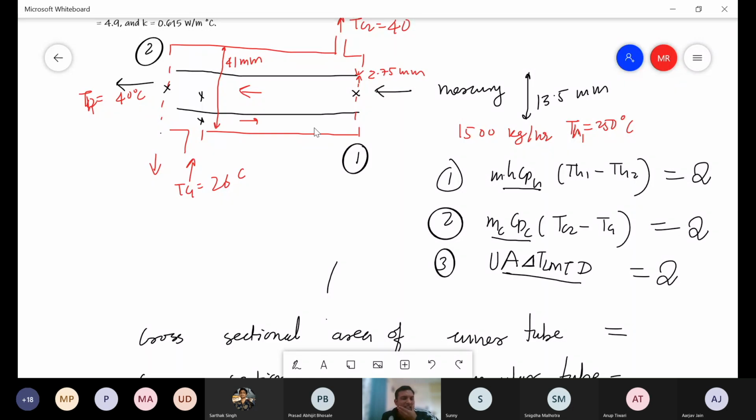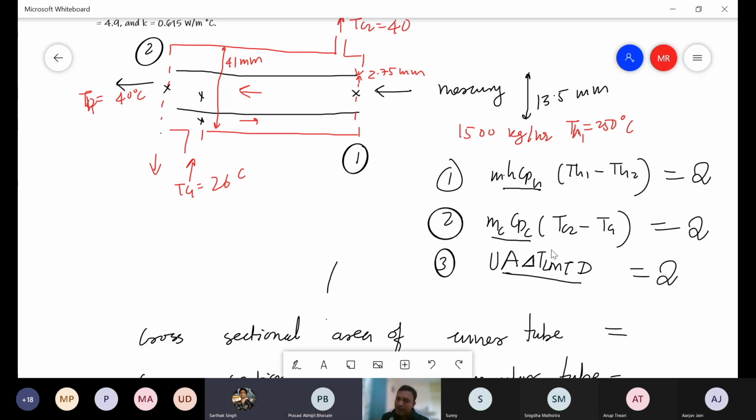So that driving force is varying as we are moving from end 1 to end 2. It's not constant. It's not the same. That's why we have to use the log mean temperature difference. Can you see the point? Does it make sense to everyone? At least the problem is clear to everyone, what we are trying to say here.